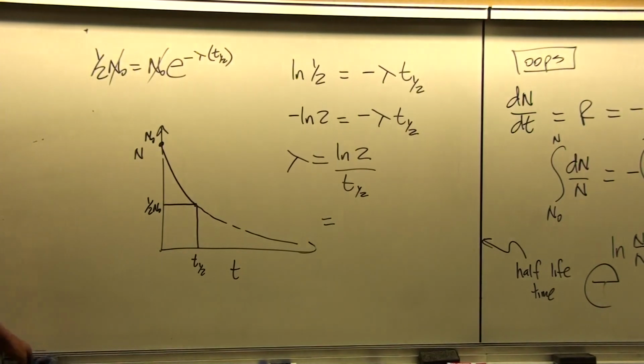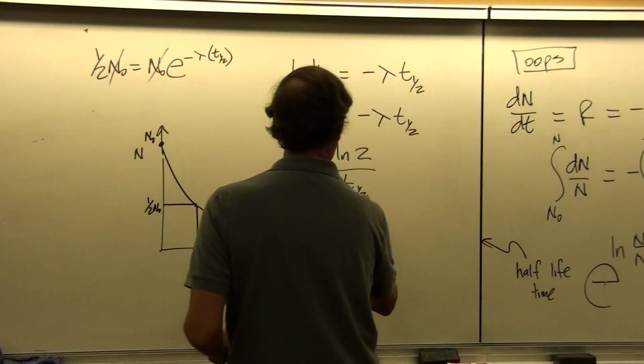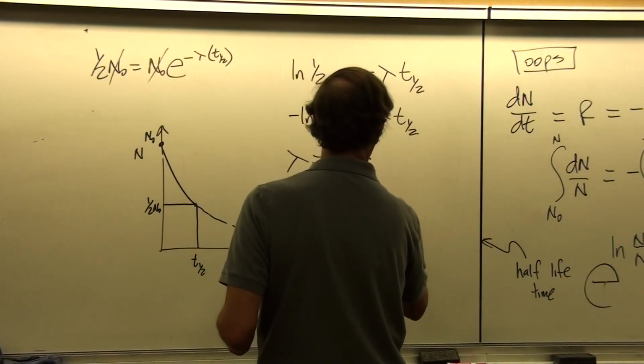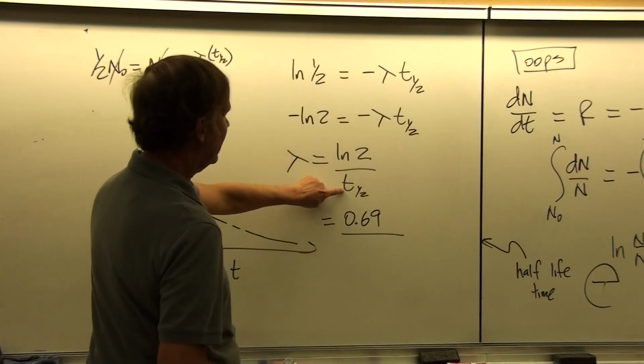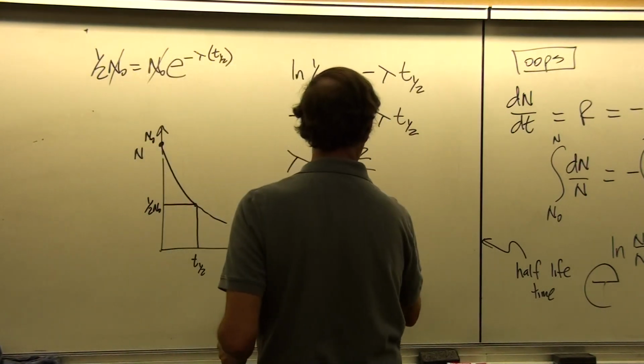Okay, so natural log of 2 is 0.69. And then divide that by t 1/2, that's 25,000.